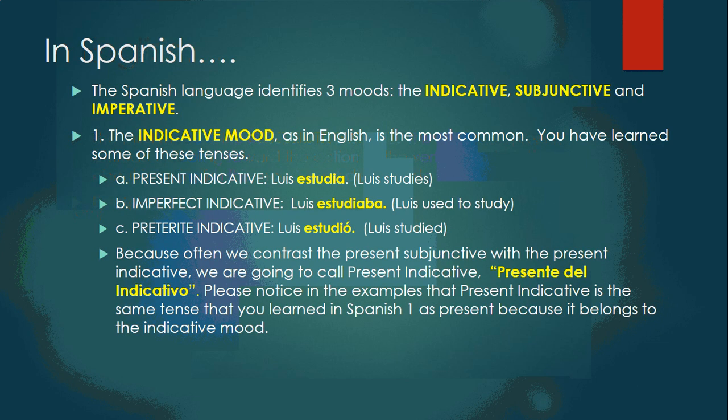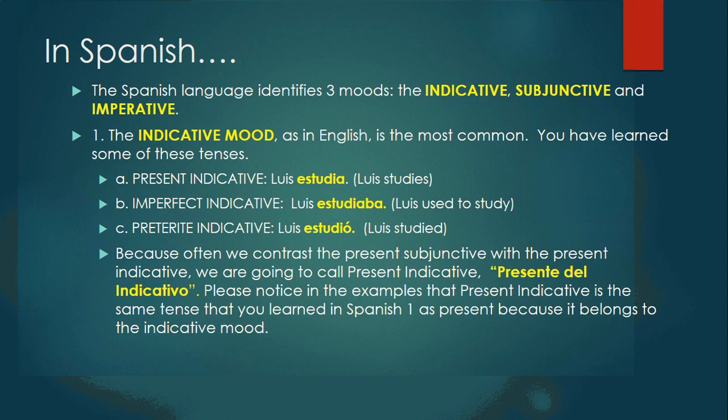In Spanish, the language identifies three moods: the indicative, the subjunctive, and the imperative. The indicative mood, as in English, is the most common. You have learned some of these tenses. Present indicative, Luis estudia. Imperfect indicative, Luis estudiaba.